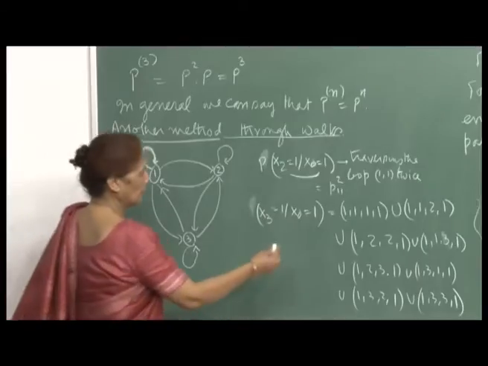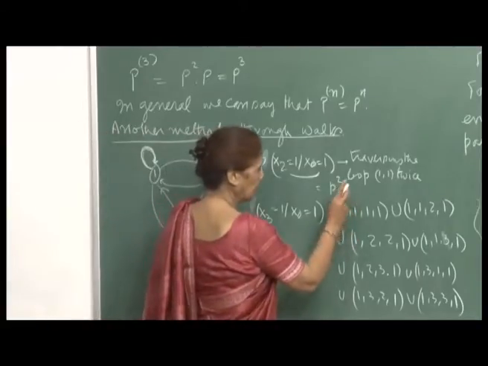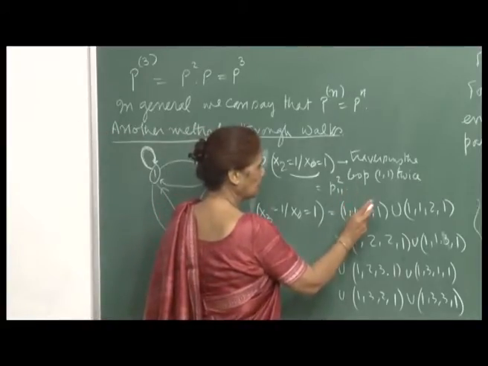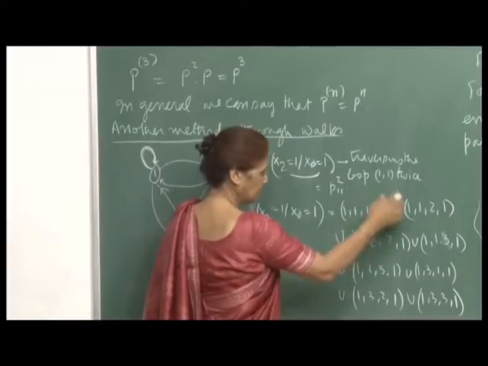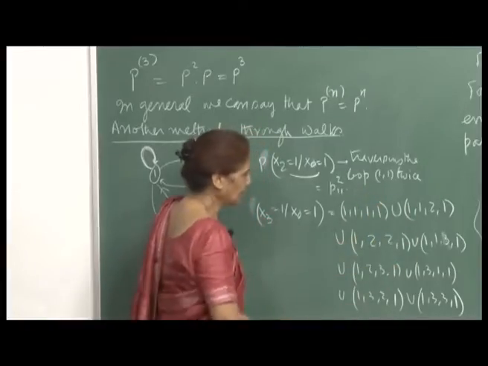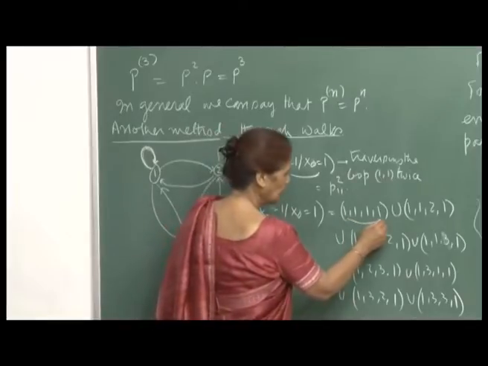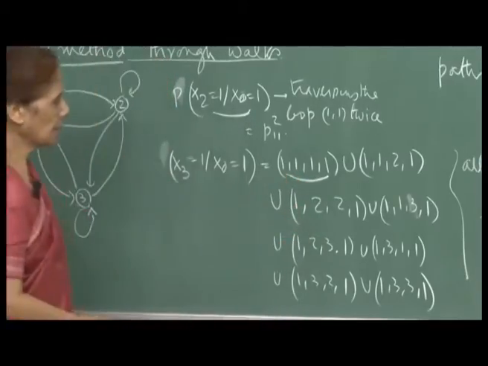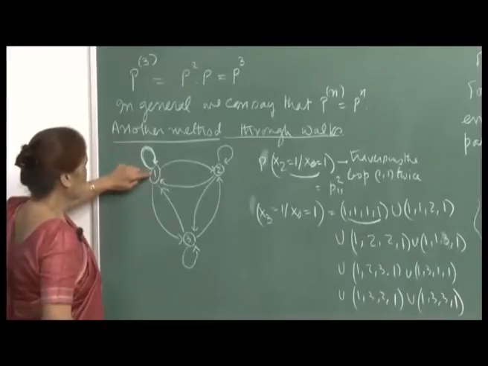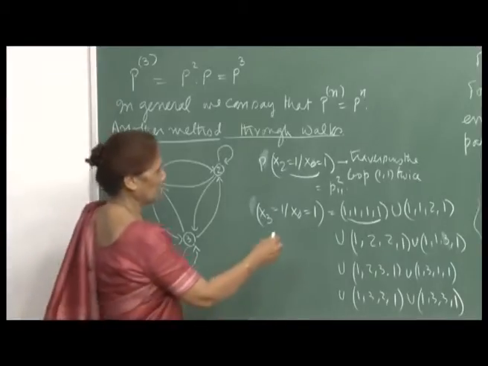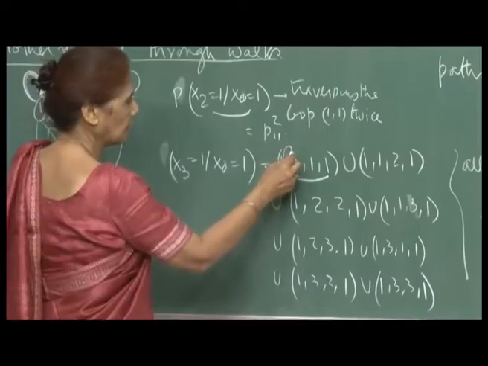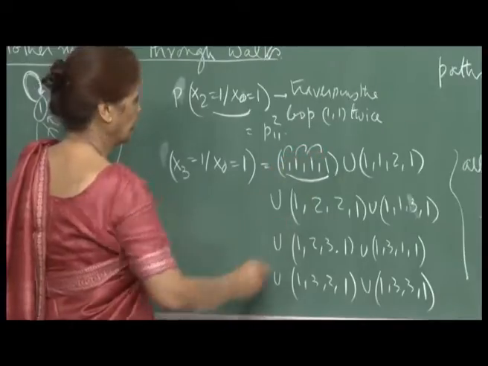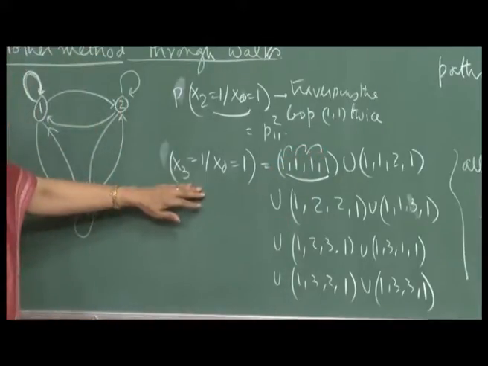So, of course, I have not written the details, for example, X0 equal to 1, X1 equal to 1, X2 equal to 1 and X3 equal to 1, I have just made the notation simpler. So, here this tells you one path, which is that you traverse this loop 3 times, because it is a 3 step transition probability.